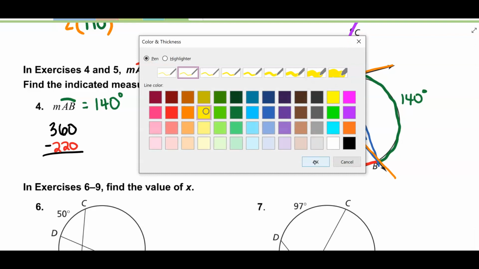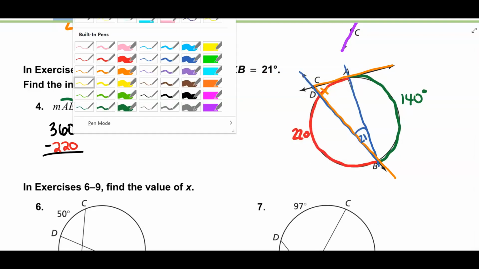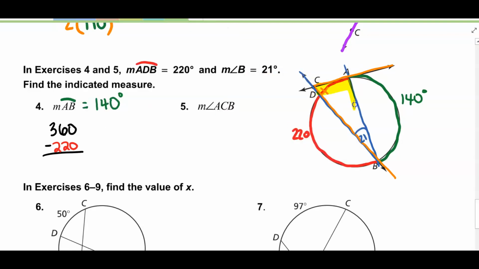Here's something to realize. We have a triangle. Sometimes they like to throw these shapes in to make sure you're paying attention. If I have a triangle, I know that all 3 angles add up to 180. I already know this one's 21. I know I'm looking for this angle.